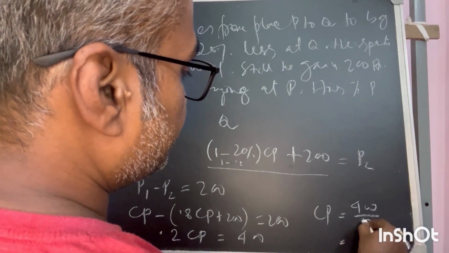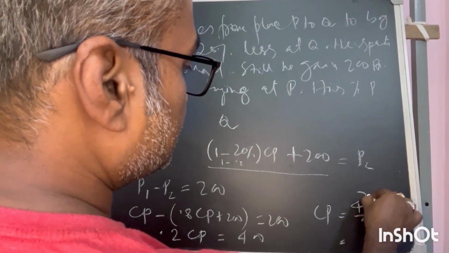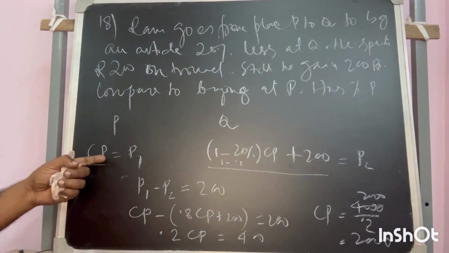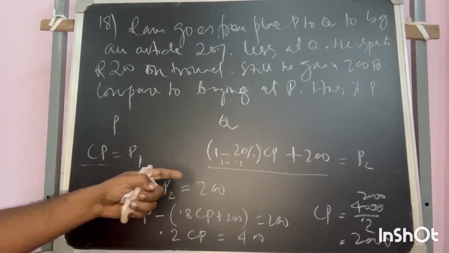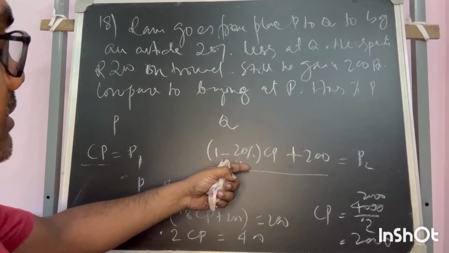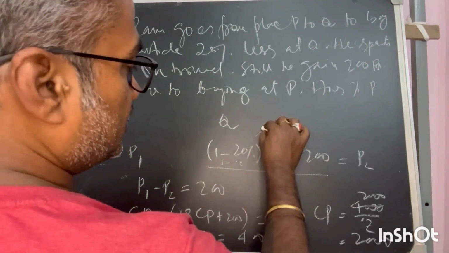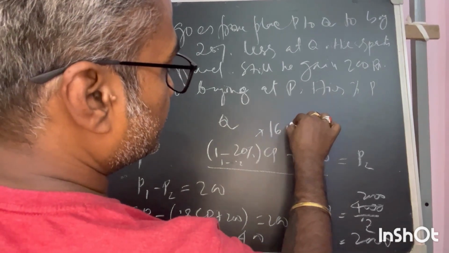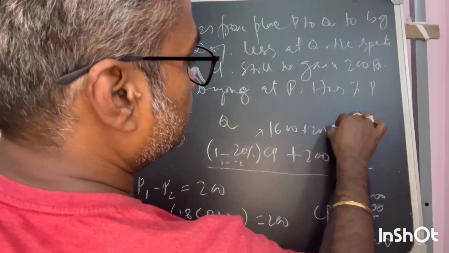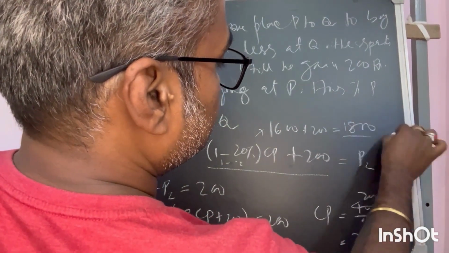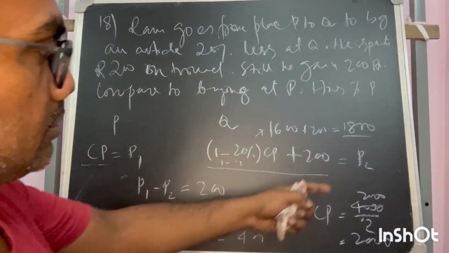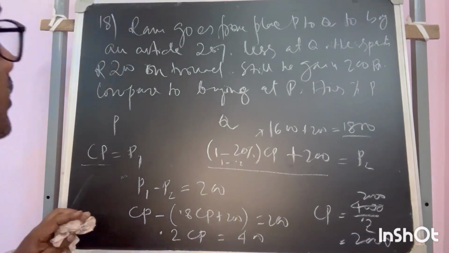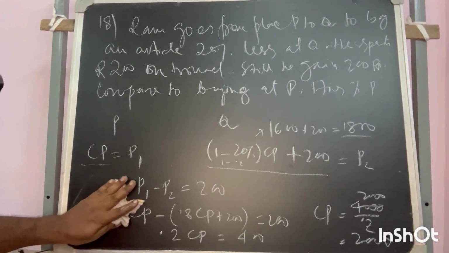So that means 2000. The cost price for the article here is 2000, but how much has he paid here? 0.8 of 2000 means 1600 plus 200, so he is getting it at 1800. So the cost price you have got already. So the percentage profit is what you need to calculate.